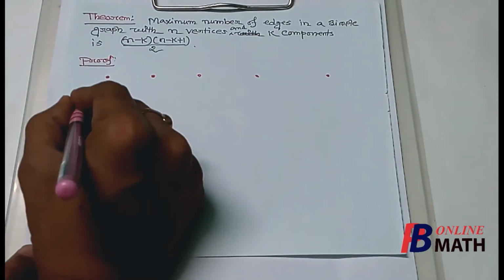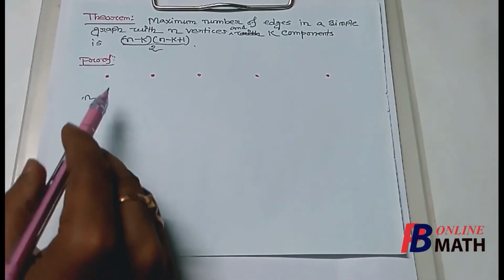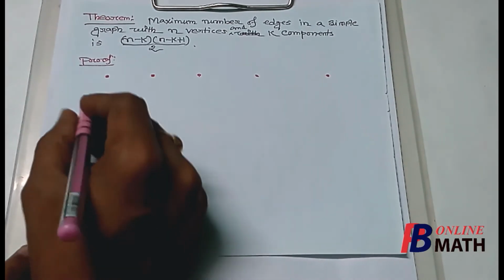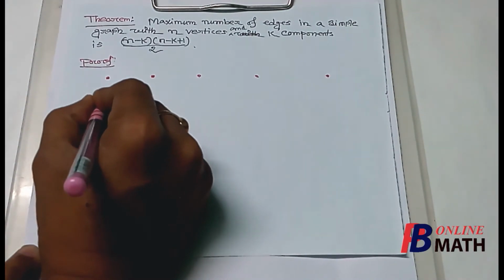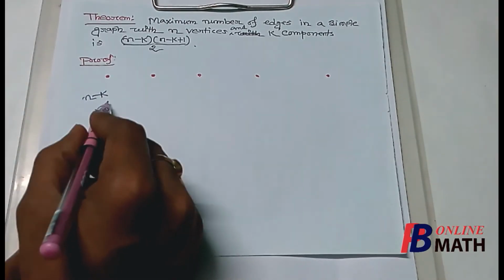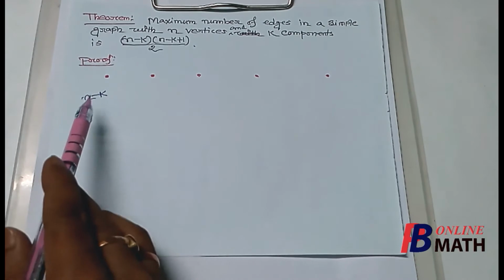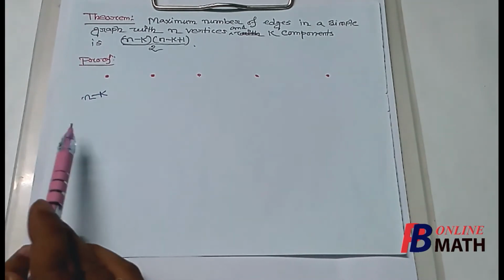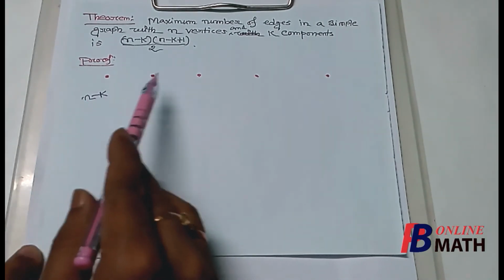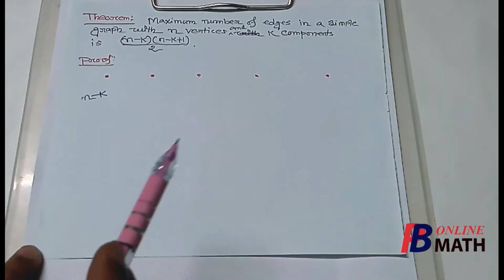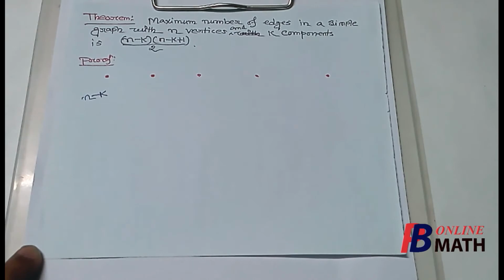Now we have n number of vertices, out of which we have already plotted k number of vertices. So the remaining vertices are n minus k. So these are the remaining number of vertices. Now we shall plot these n minus k vertices in these k components in such a manner that we get the maximum number of edges.